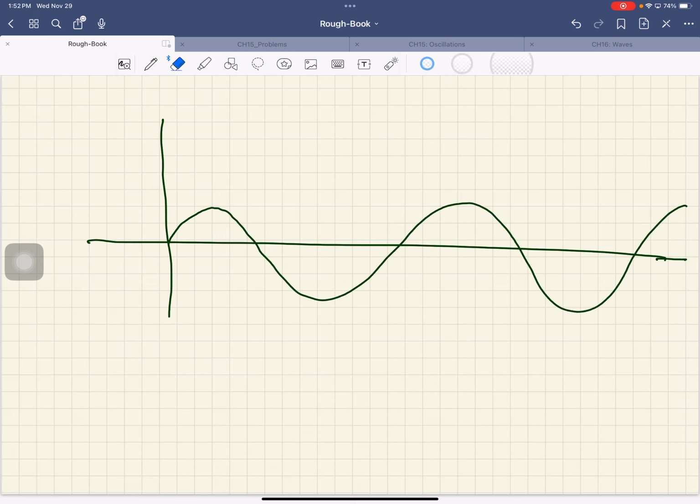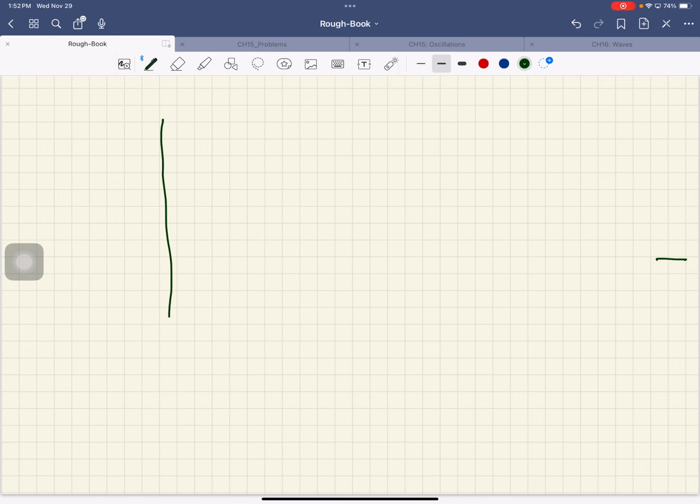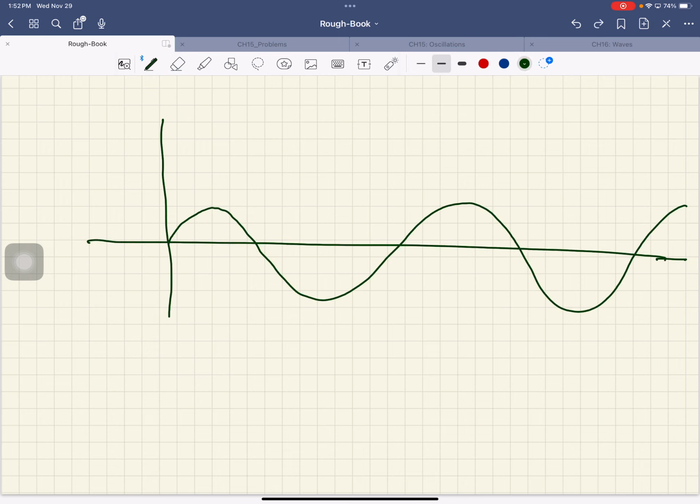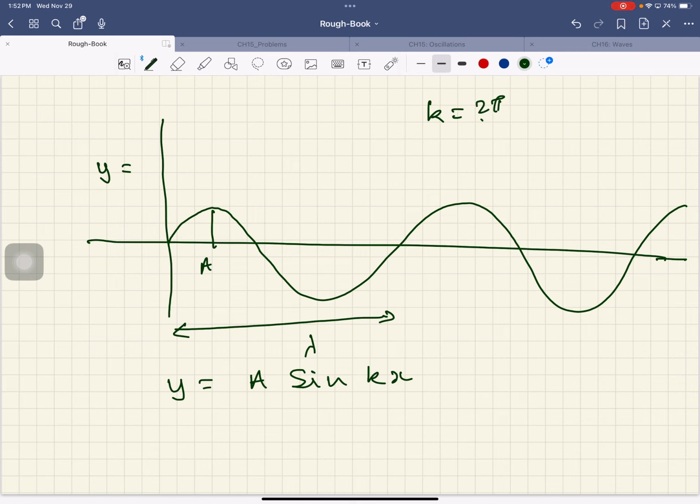Here y equals a sine kx, where a is the amplitude. There's the lambda, and k is 2 pi by lambda.